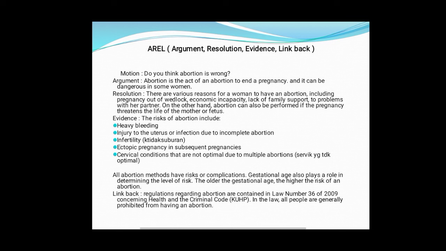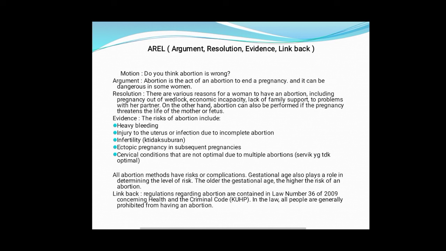Evidence: the risks of abortion include 1. Heavy bleeding, 2. Injury to the uterus or infection due to incomplete abortion, 3. Infertility, 4. Ectopic pregnancy in subsequent pregnancies, and the last, cervical conditions that are not optimal due to multiple abortions.